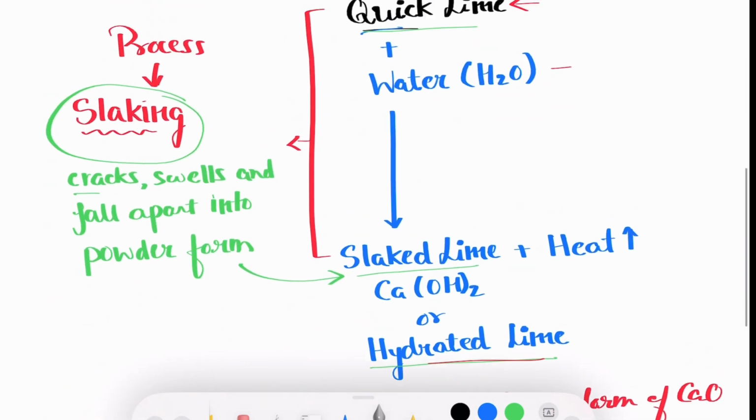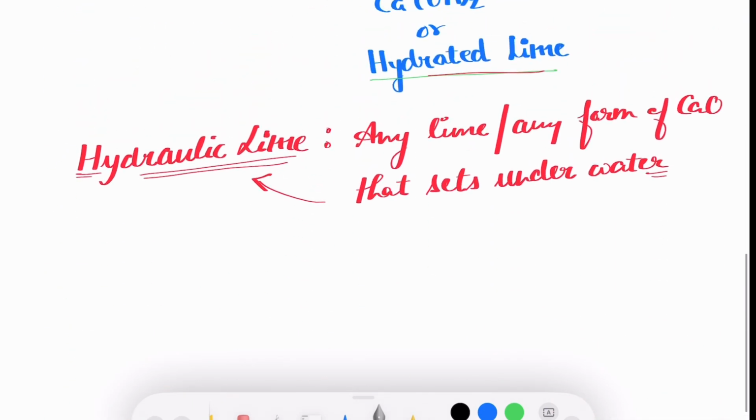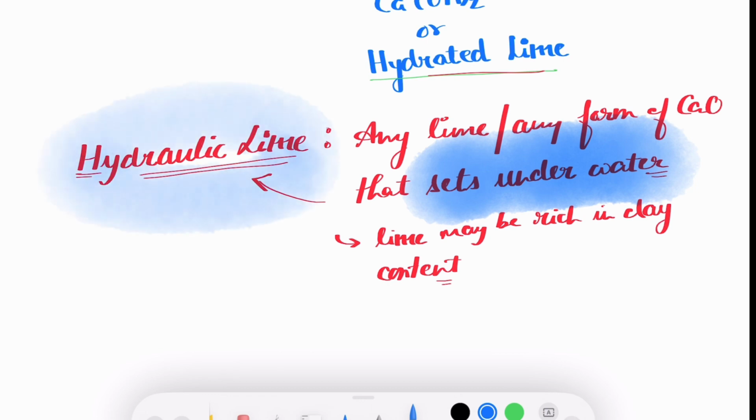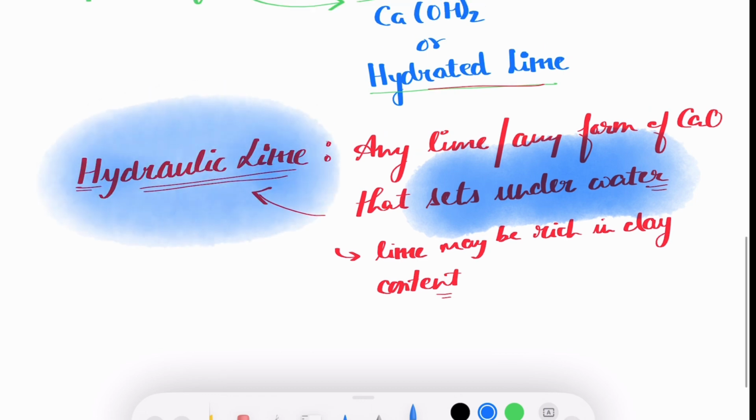During the extraction process, the lime that we get may be rich in clay content, and because of the presence of an excess amount of clay, it gets a property by which it sets under water. Those limes which set under water are referred to as hydraulic lime.